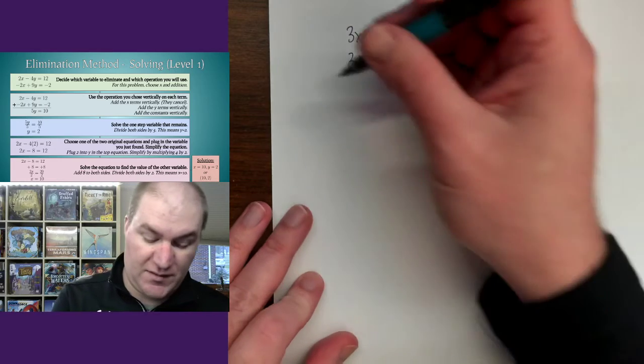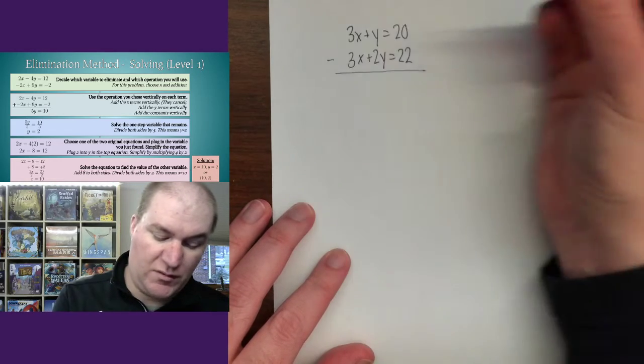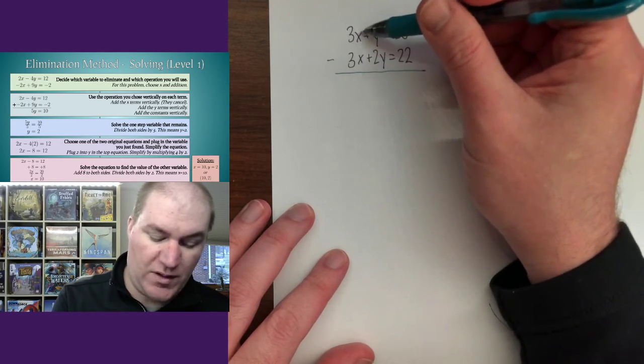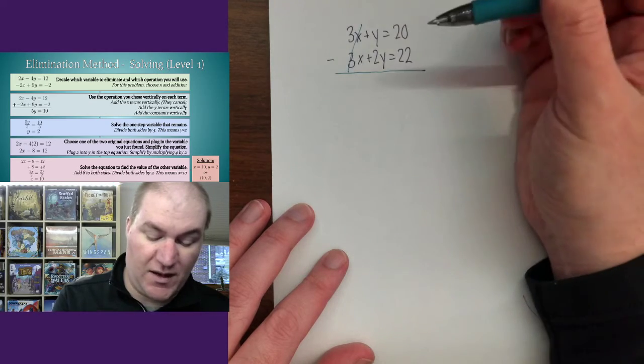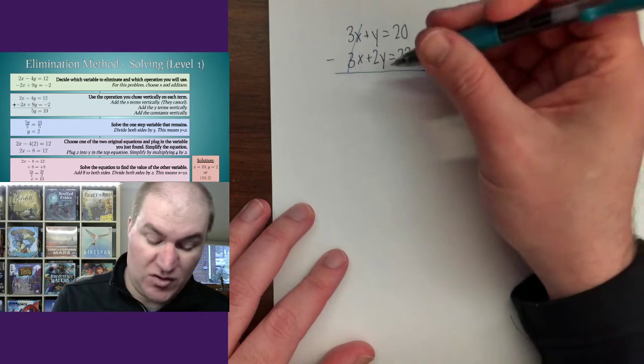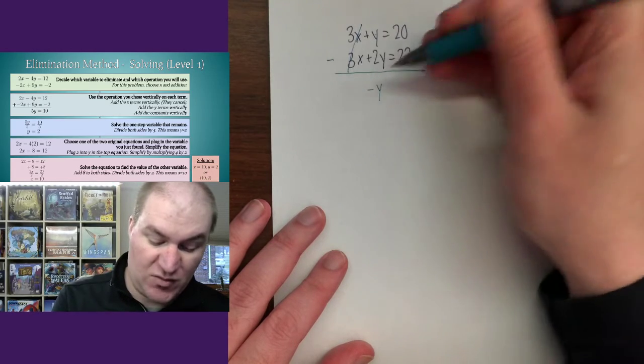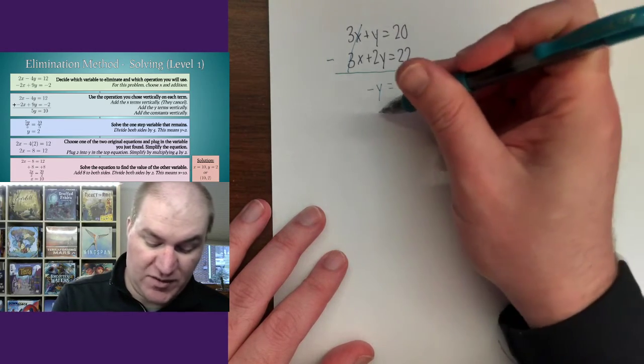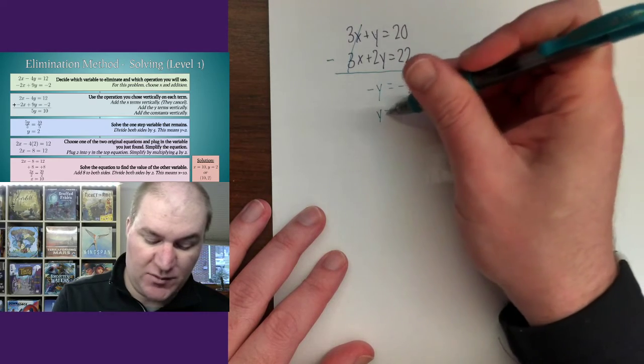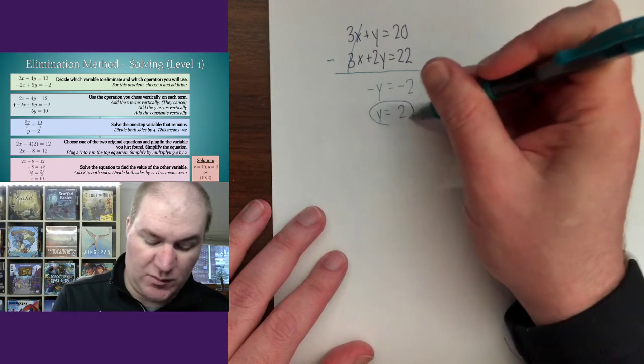They're both 3x. Things that are the same go away when you subtract. So 3x minus 3x will cancel the x's. Y minus 2y is going to be negative y. And 20 minus 22 is going to be negative 2. And if negative y is equal to negative 2, then y is equal to 2.